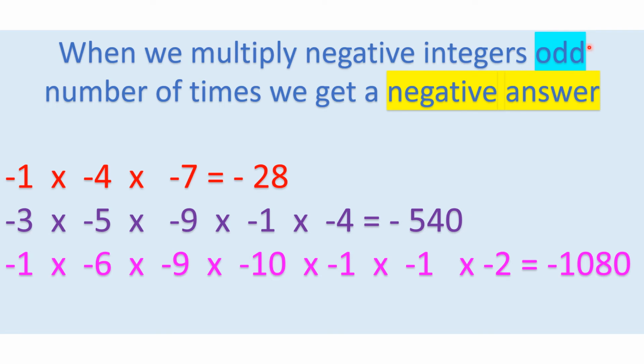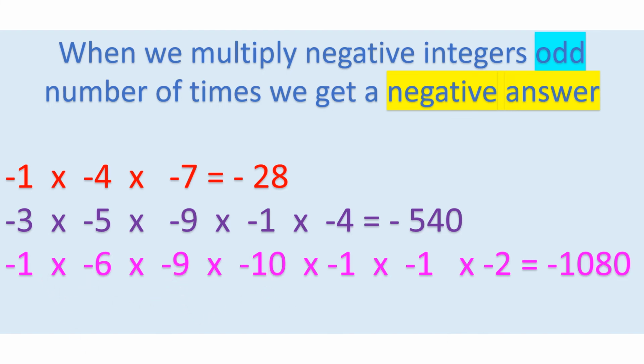Again, look at the third example. The numbers are -1, -6, -9, -10, -1, -1, -2. All are negative. And how many numbers are there? 1, 2, 3, 4, 5, 6, 7.